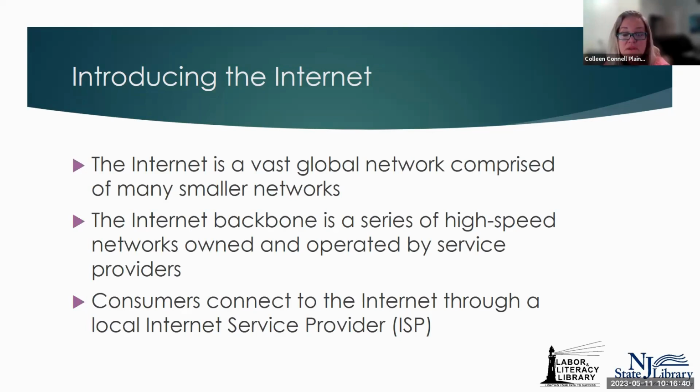And not all types of service may be available in your area. So in my area, I can only get either DirecTV or Xfinity. That's it. I don't have really any other choice. Verizon Fios is not available. They don't do the cables in my area. So sometimes we don't have a choice of our internet service provider. A choice is made for us based on maybe where we live in our area.